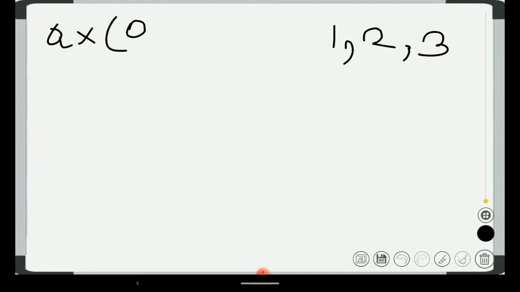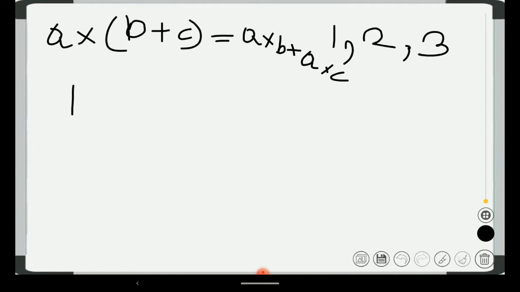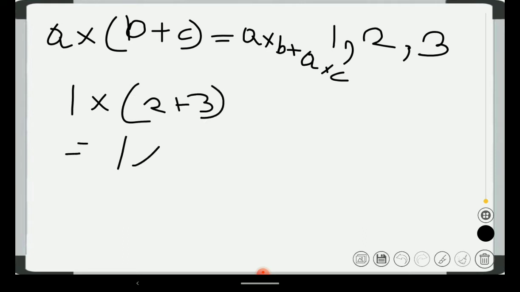Let's take the three numbers again, 1, 2 and 3. Let's look at the first type. A into b plus c is equal to a into b plus a into c. So 1 into 2 plus 3, which says 1 into 5, which is 5.